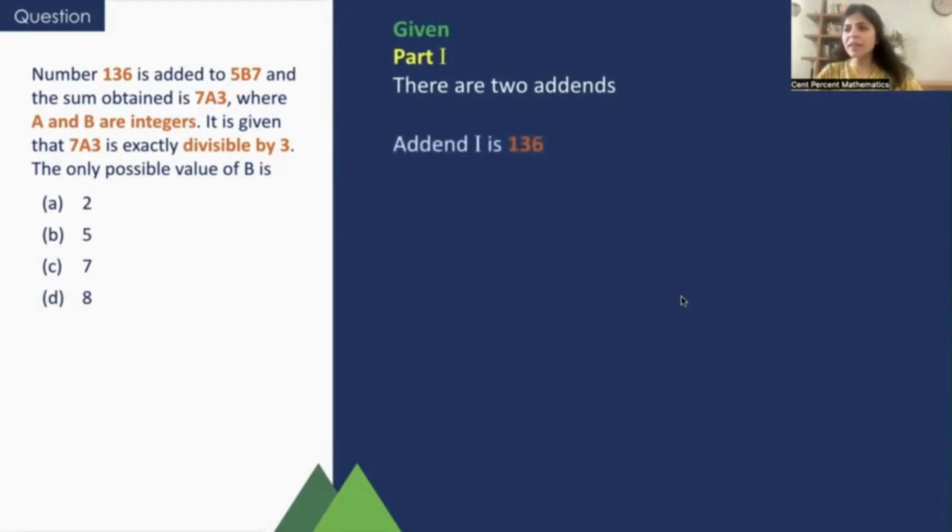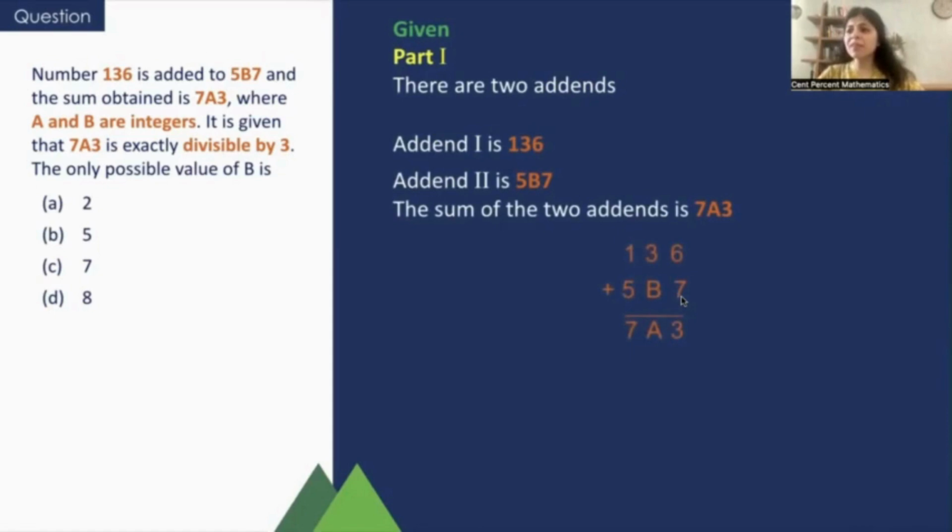The first one is 136 and the second one is 5b7. We're also given that the sum of these 2 addends is 7a3. That means when 136 and 5b7 are added, you get 7a3 as the sum.